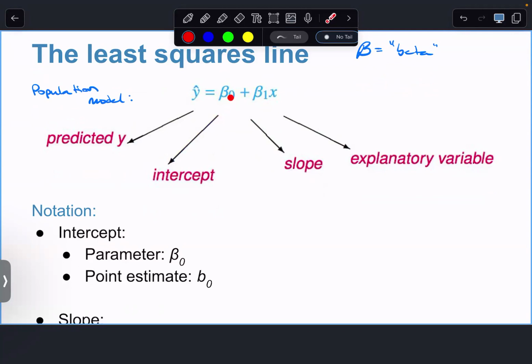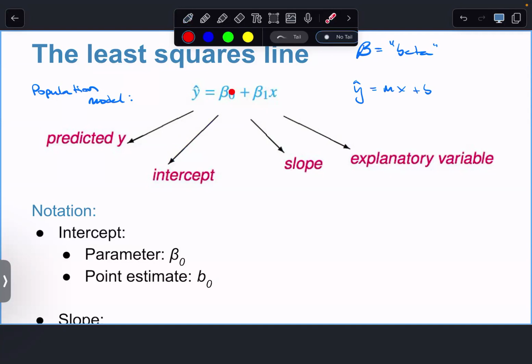So beta naught is how we're going to denote the y-intercept, which we just call the intercept because it's the only one we care about. Beta 1 is the slope, and x is still the explanatory variable. Just convince yourself that this looks the same as y hat equals mx plus b.